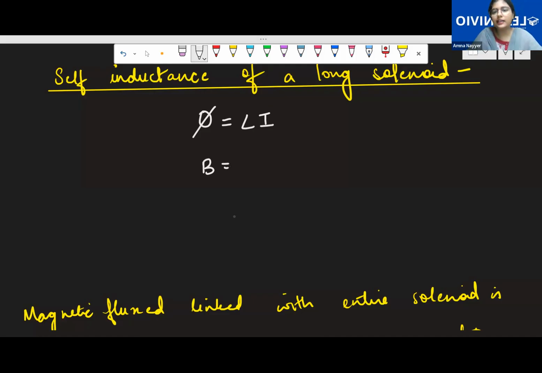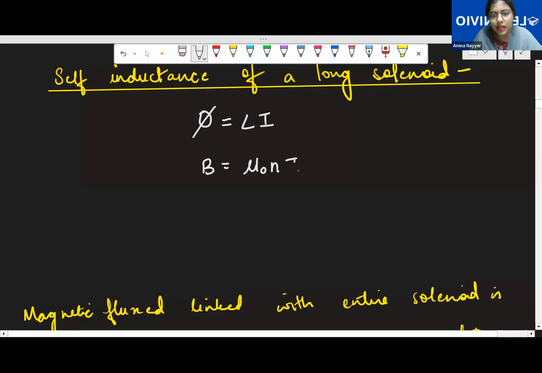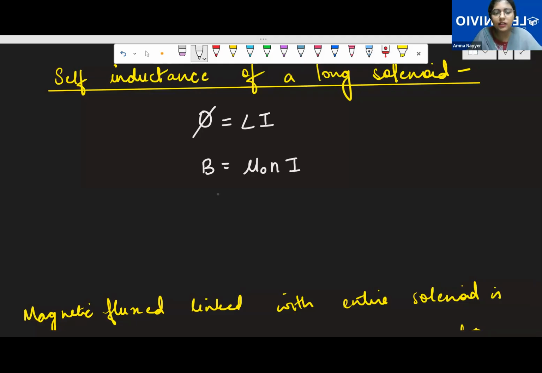Mu naught Ni. Yes, correct. B is equal to mu naught Ni.